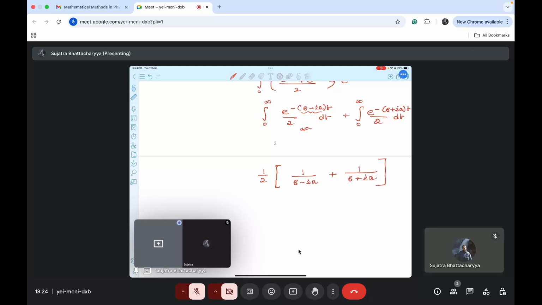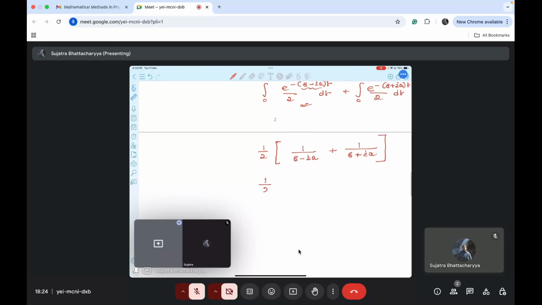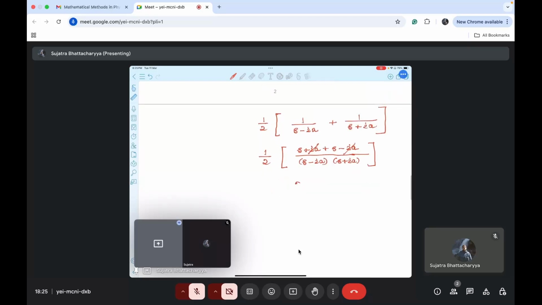All right. So further, if you solve, you will get, multiplying these two, s minus iota a, s plus iota a, and taking the LCM. So you have s plus iota a plus s minus iota a. That brings you that this iota a will cancel. So you get 2s divided by 2.